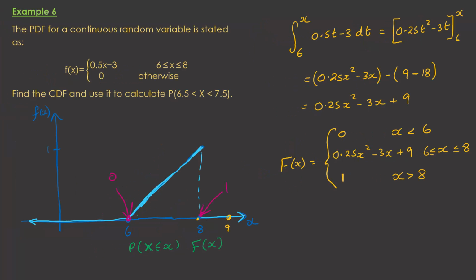So now we want to use our CDF to find the probability that x is between 6.5 and 7.5. We consider f of 7.5. That's going to be this area here. We think about f of 6.5.